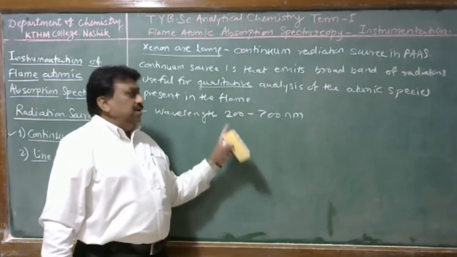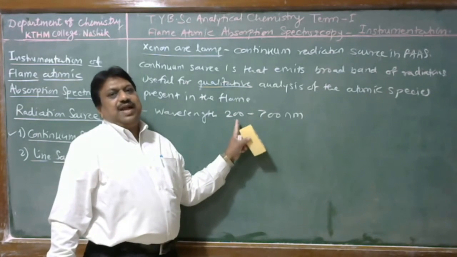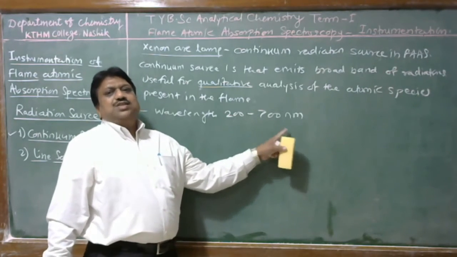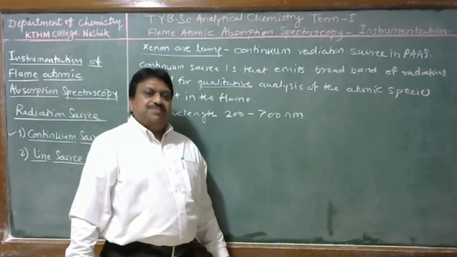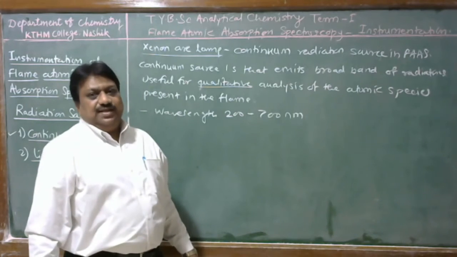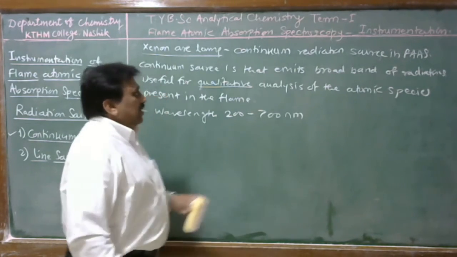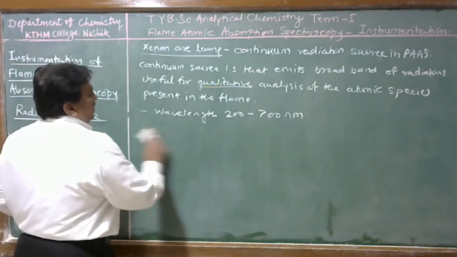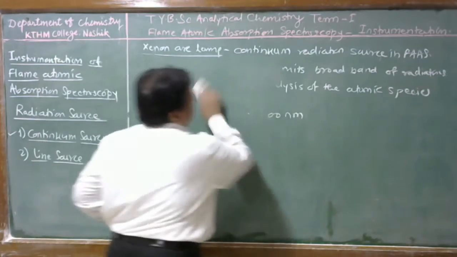Therefore, when we irradiate the sample or atomic species with radiation in between this, a specific resonance line is absorbed by that atomic species, and that is the identity of that particular material present in the flame.